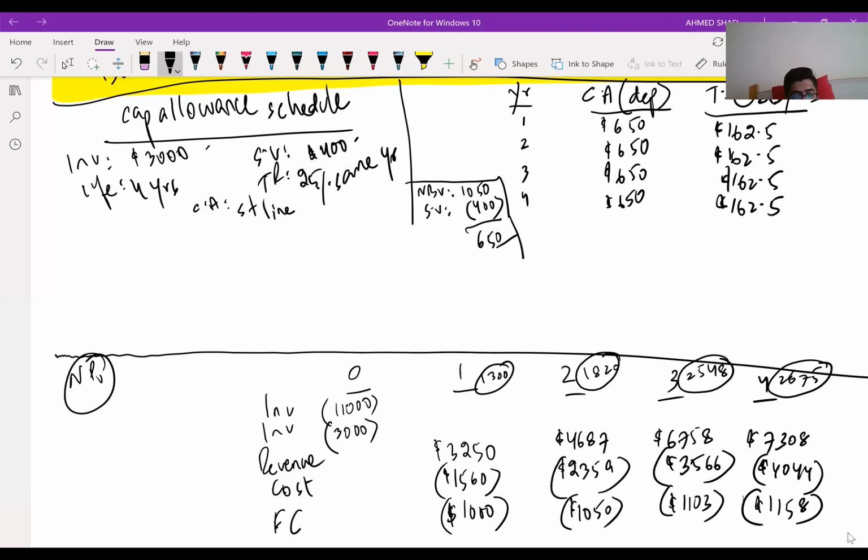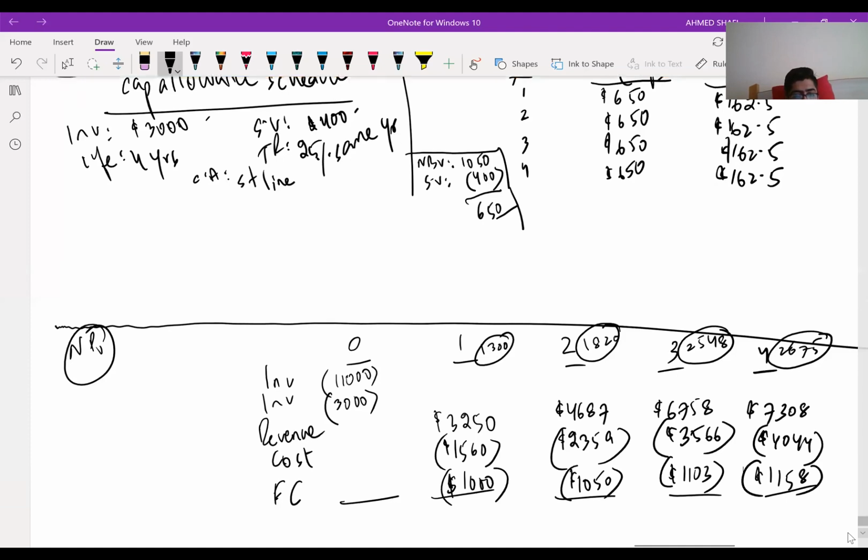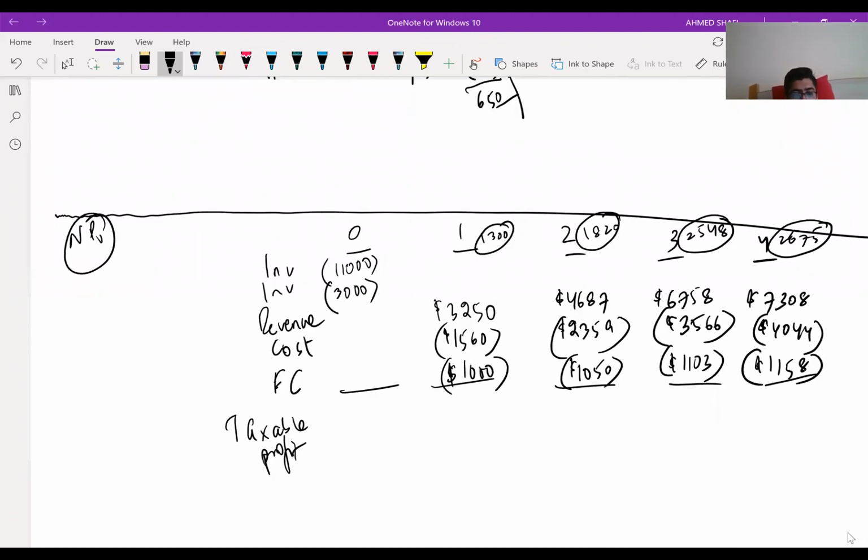So you all know revenue less variable cost less fixed cost will give you taxable profits. Okay.